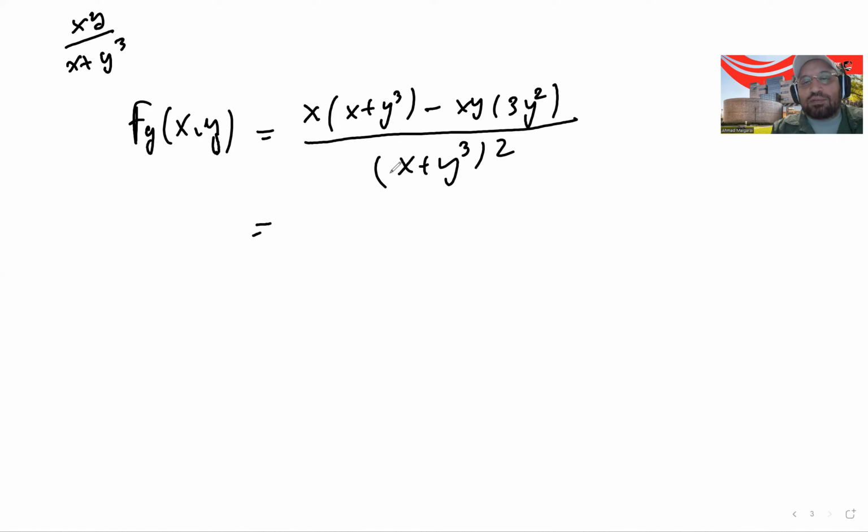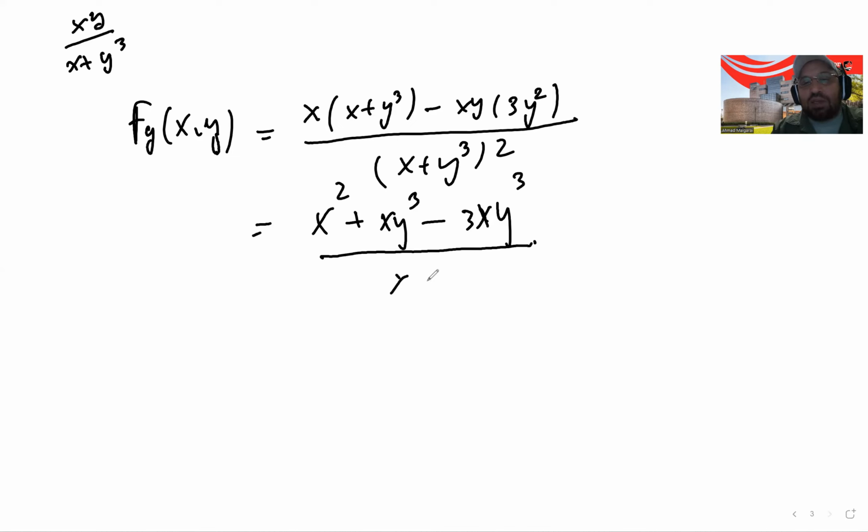If you're good at doing stuff fast, then that's all right. But if you take your time in the beginning, it's going to help you. So we multiply, and then x times x is x squared. And then we have plus xy to the power of 3. And then we have minus 3xy to the power of 3, and this whole thing divided by x plus y to the power of 3, squared.